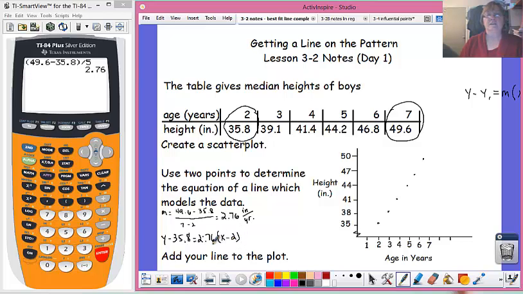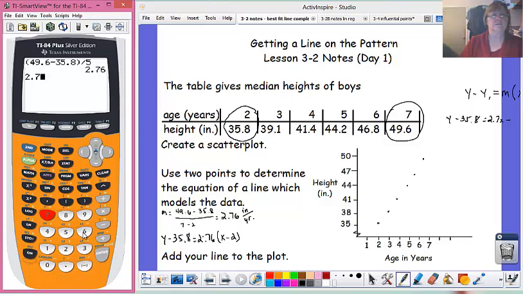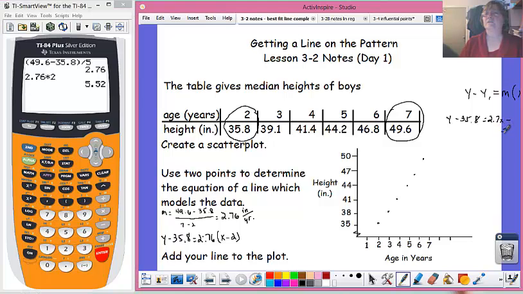To simplify this, you're going to do a little bit of distribution, and I'm going to do that up here so that I can see what I'm doing and not clutter my screen down here. y minus 35.8 will equal 2.76x minus, and 2.76 times 2, which I should probably be able to do in my head, but I reach for the calculator because it's there, minus 5.52.